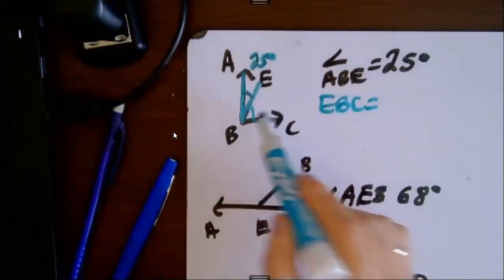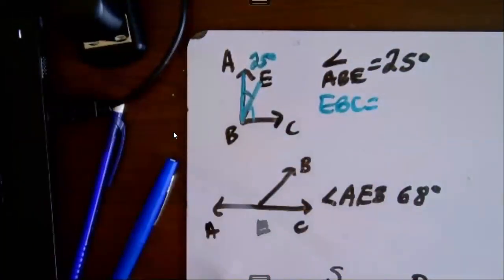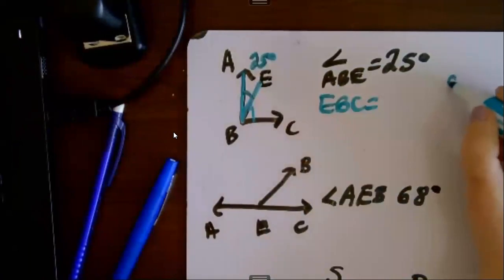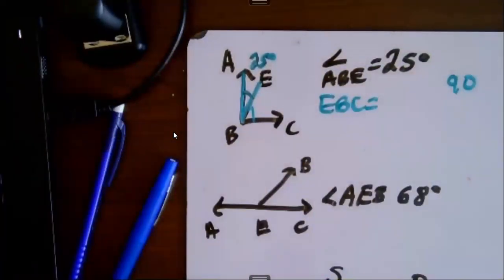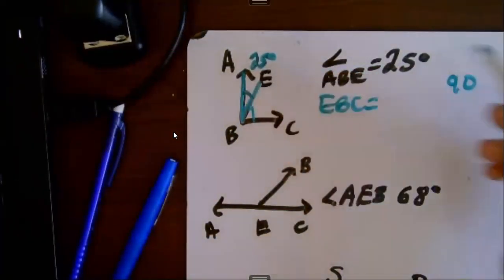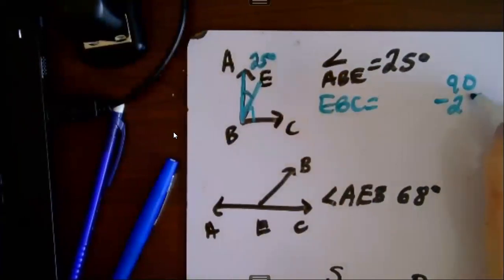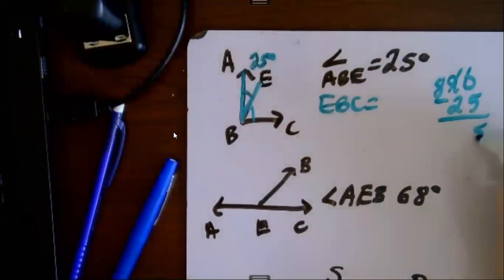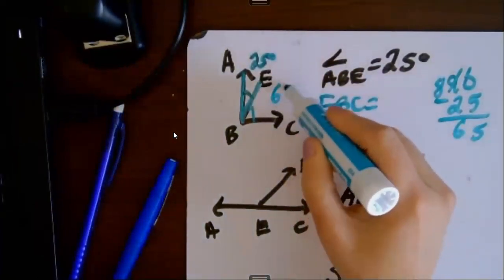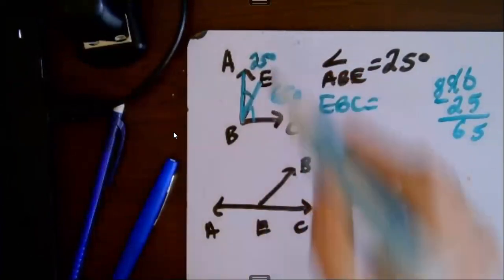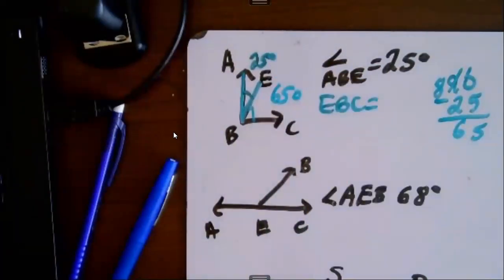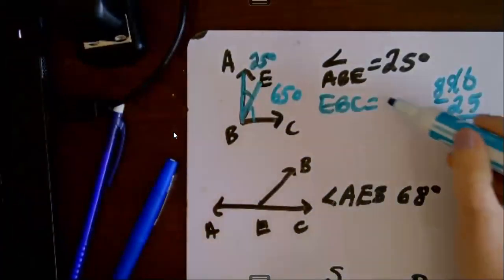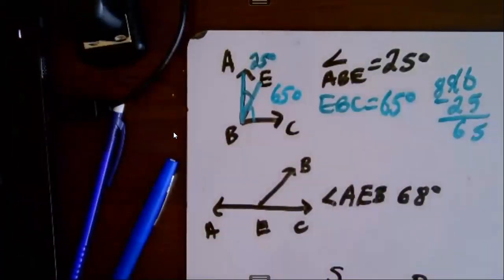So we're looking for this angle. We know that this whole is 90 degrees, and we know that this is 25 degrees. So you would just subtract that, and you would figure out this is 65 degrees. 65 plus 25 equals 90. So we're just trying to make them equal 90 degrees.